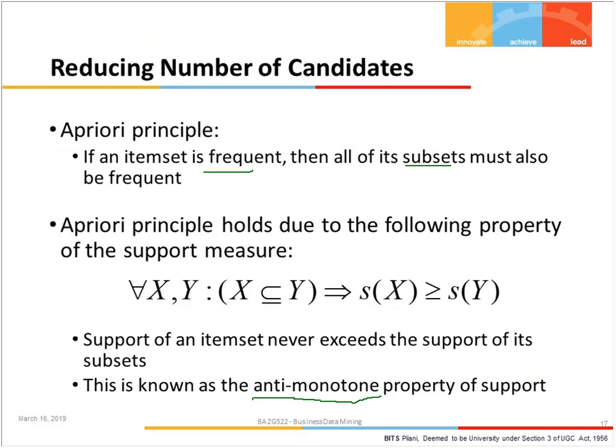Now let us study the Apriori algorithm, which is based on the anti-monotone property: if a set is infrequent, its superset is definitely infrequent.